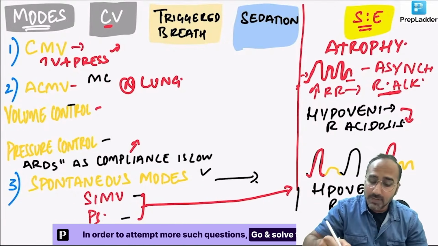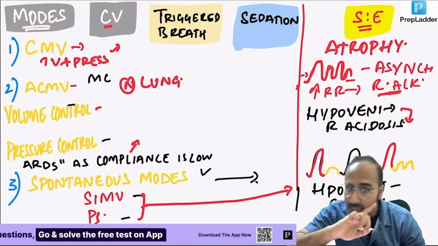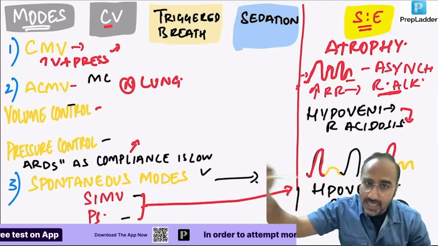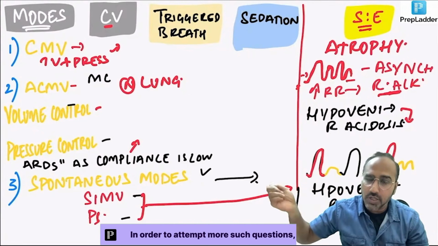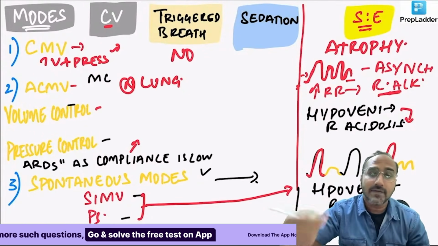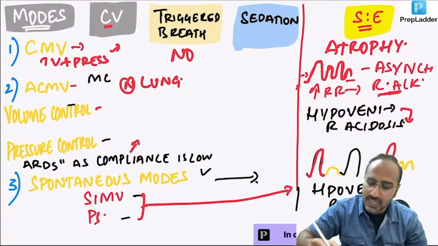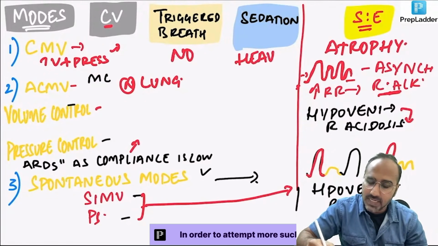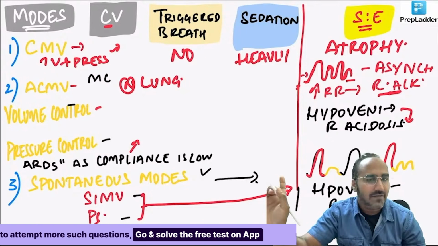Triggered breathing: in CMV mode, the ventilator is controlling everything. It tells the doctor your patient should not be moving at all. No triggered breathing is allowed, and the patient should be heavily sedated, because the ventilator is totally controlling everything.